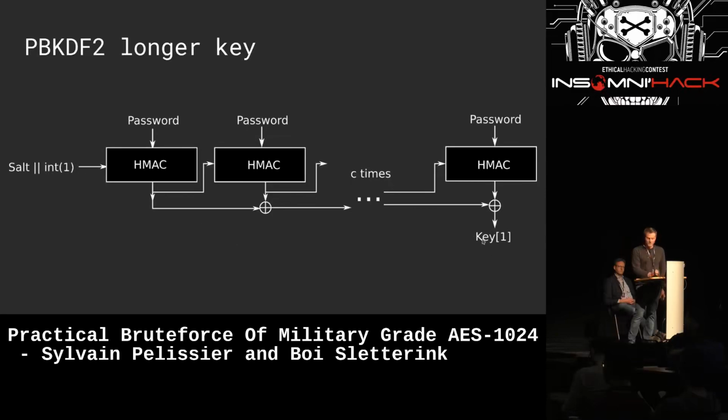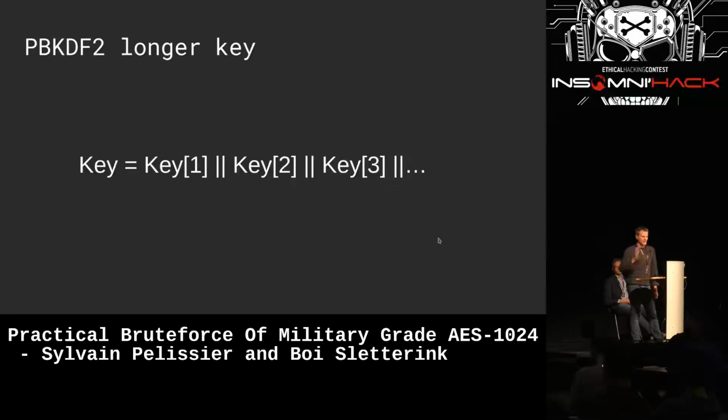You say it's my first key. Then you run the same algorithm again, but with the constant 2 concatenated with the same salt. You obtain the second key, and so on. At the end, you concatenate all the keys you obtained, and you have your key. For example, if you want a 1024-bit key, you iterate this algorithm 8 times, and you will have your key.